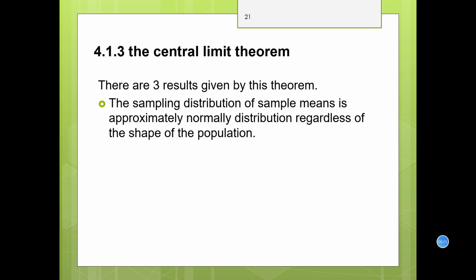That means no matter whether the population follows a normal distribution or not, when we draw samples from this population and get different samples, we will find that the sample means still follow a normal distribution. So those are the results we can get from the central limit theorem. That is very important.